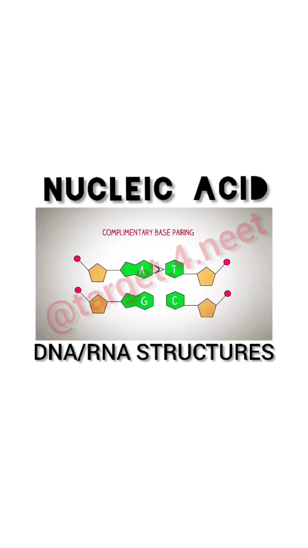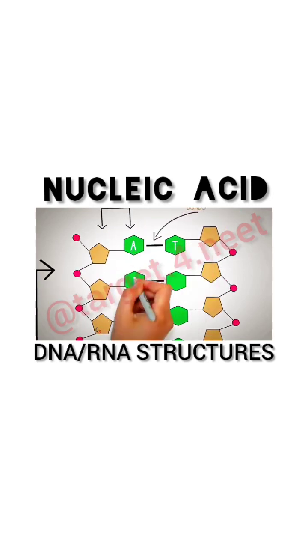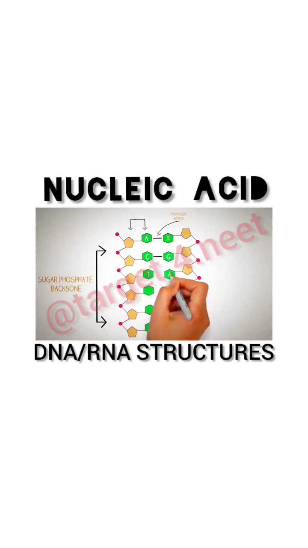Now this is a universal rule that is applied in the structure of DNA. So here you can see adenine forms a hydrogen bond with thymine, and similarly thymine forms a hydrogen bond with only adenine. In a similar case, guanine forms a hydrogen bond with cytosine and vice versa.